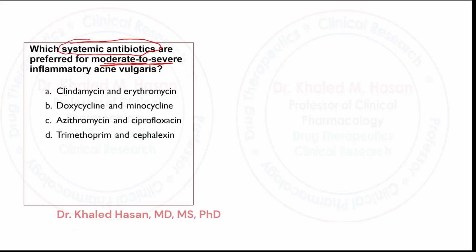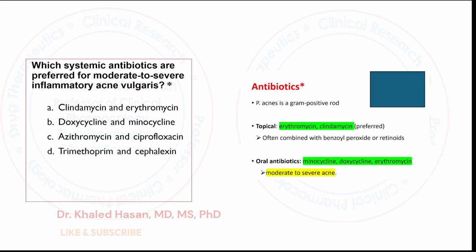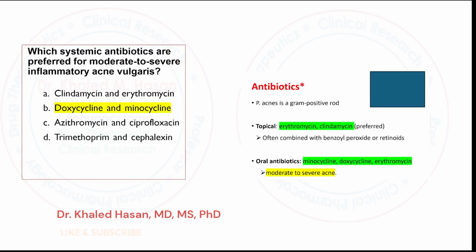For systemic oral medication we have clindamycin, erythromycin, doxycycline and minocycline, azithromycin, ciprofloxacin, trimethoprim, and cephalexin. Comparing to our lecture slide, the systemic antibiotics we use are minocycline, doxycycline, and erythromycin. So the most popular are doxycycline and minocycline.